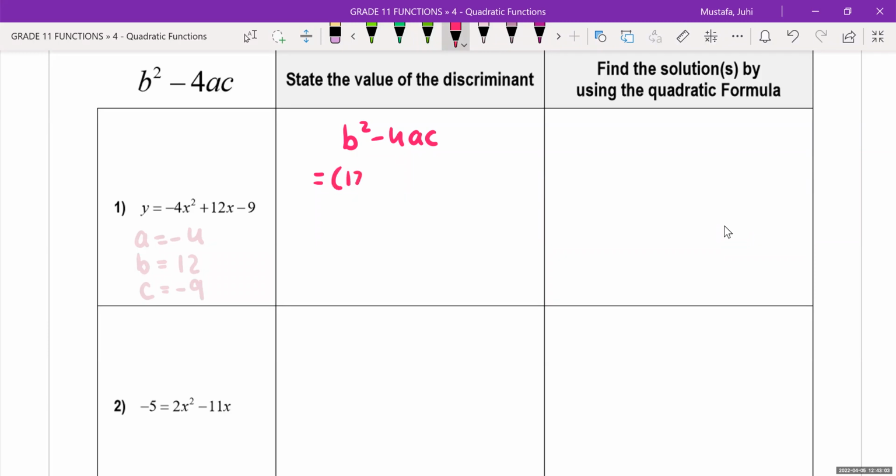I'm going to plug that into this little discriminant equation and solve. It's going to be 12 squared minus 4 times negative 4 times negative 9. That's 144 minus 144, since 16 times 9 is 144. And so my b squared minus 4ac, the discriminant, equals 0.